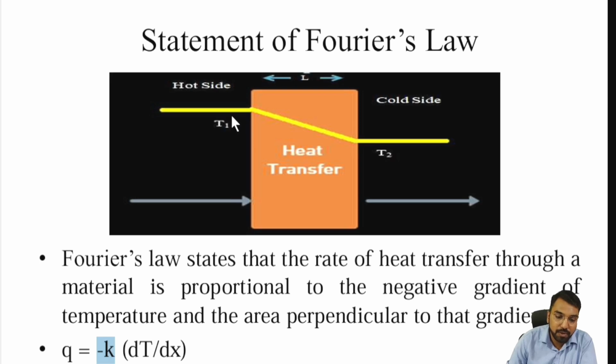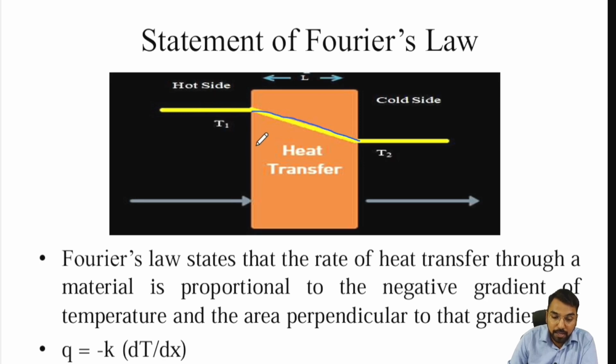As I taught you in earlier lectures, heat is always transferred from higher temperature to lower temperature, or in other words, energy is transferred from a higher energy level to a lower energy level, by virtue of the second law of thermodynamics. So here the heat transfer takes place in this direction, and it is linear, as we have seen in the last lectures.